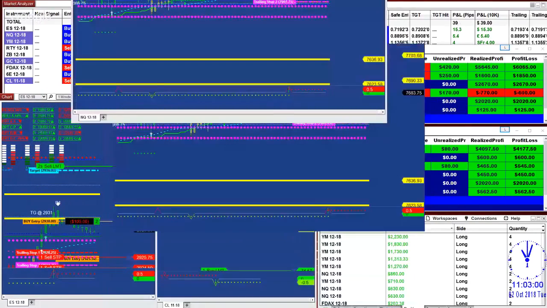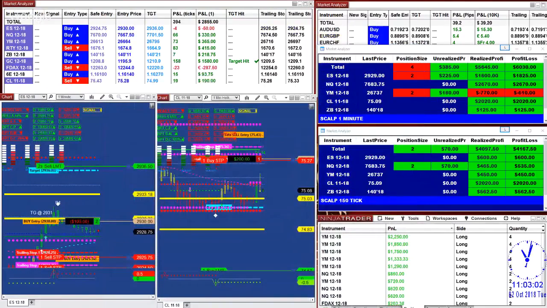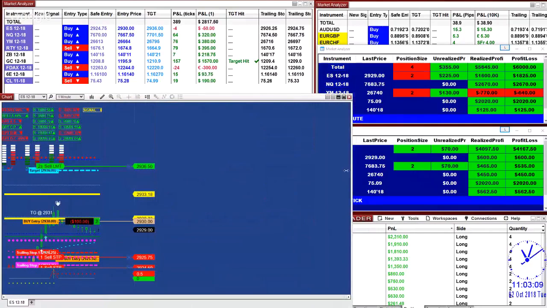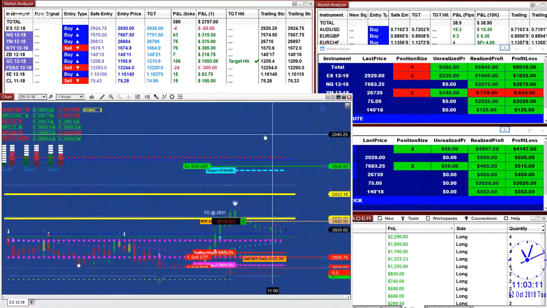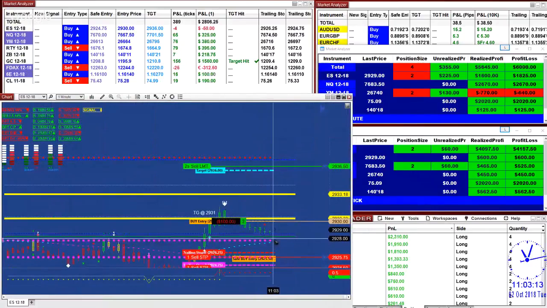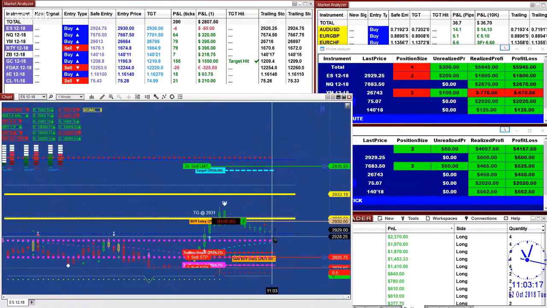For the ES, it's not going to go anywhere. You have the mid band, the double support line, and the projection.